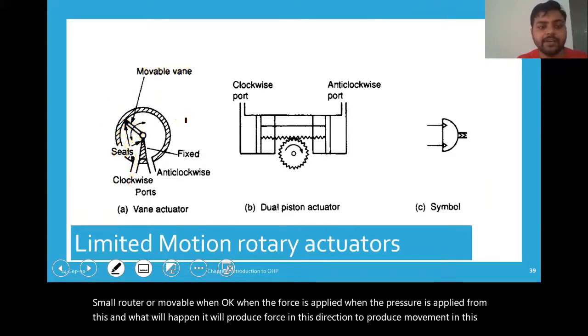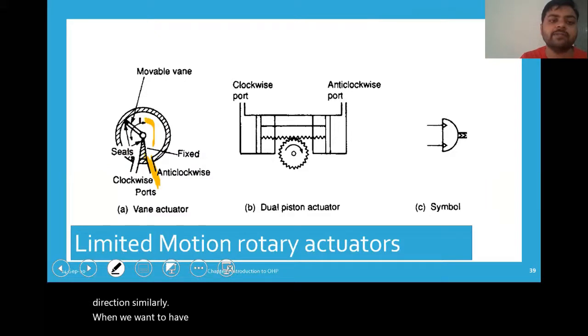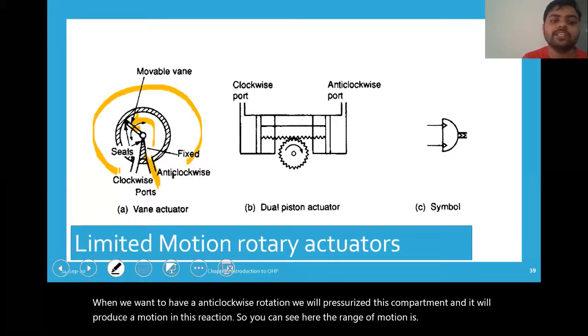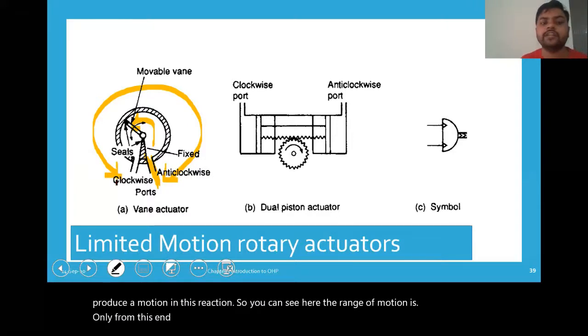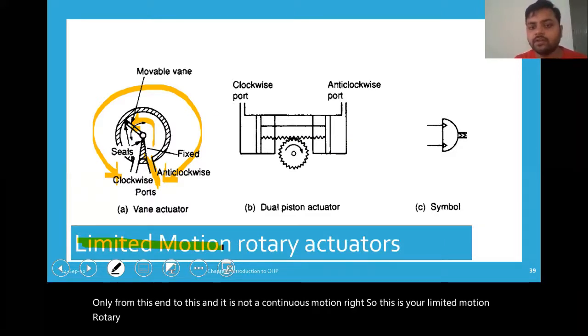Similarly, when we want anti-clockwise rotation, we pressurize this compartment and it produces motion in the other direction. You can see the range of motion is only from this end to this end. It is not a continuous motion. So these are your limited motion rotary motors or rotary actuators.